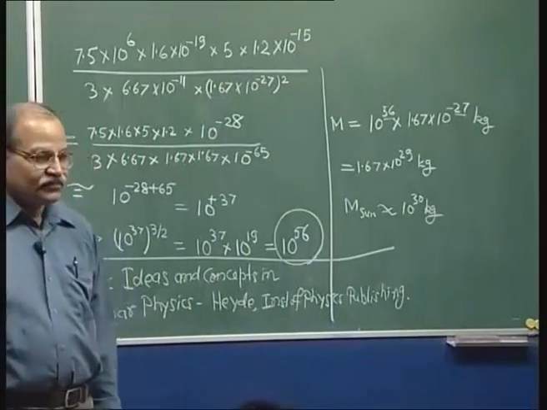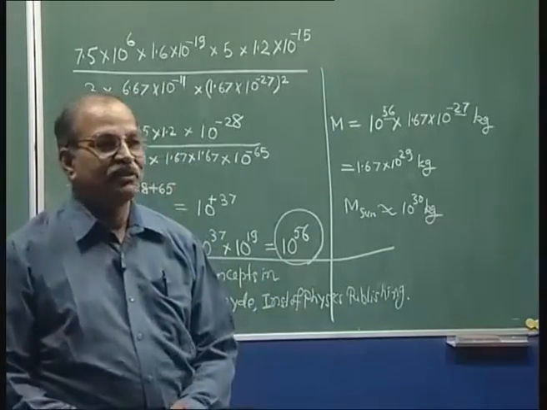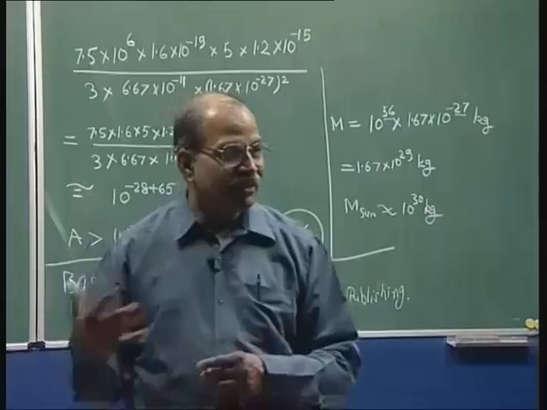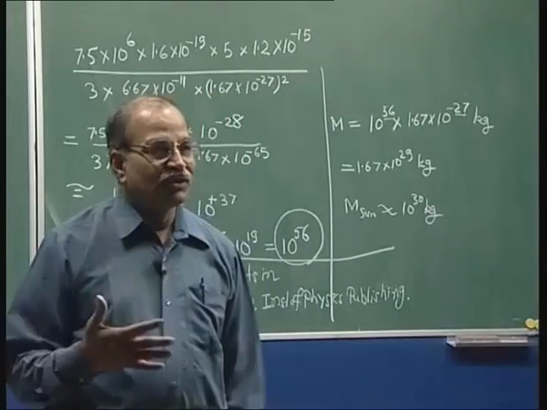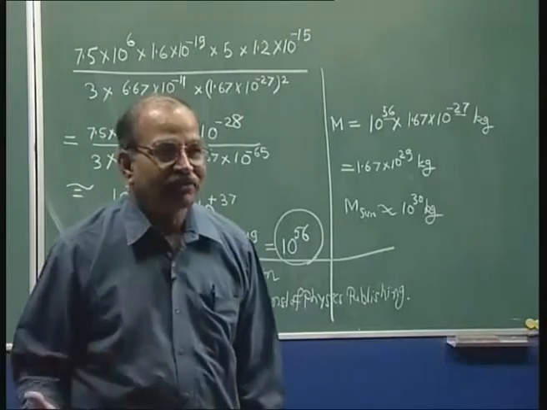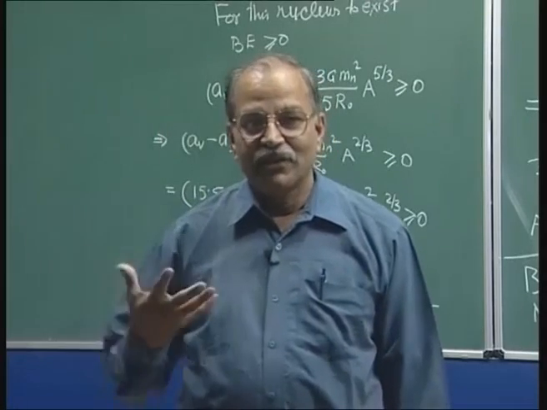Okay. So, that is all I wanted to talk about this semi empirical mass formula. Remember, let me recapitulate. We wrote this using two different varieties of modeling. One where the nucleus was taken as a liquid drop.